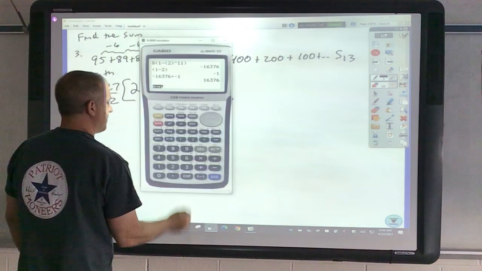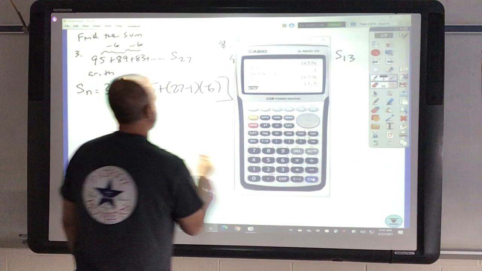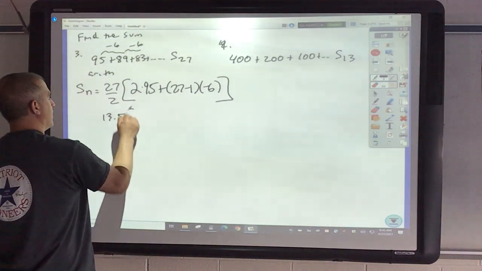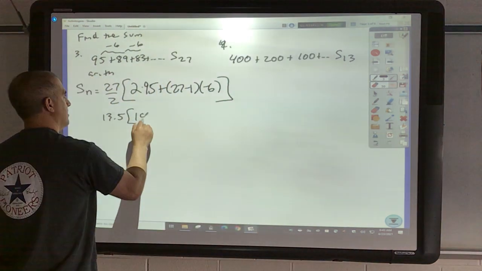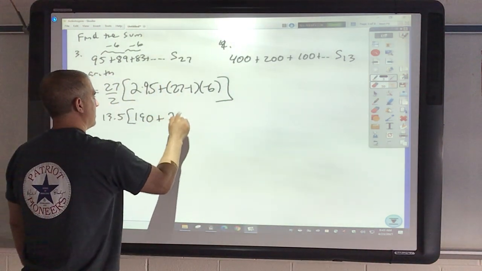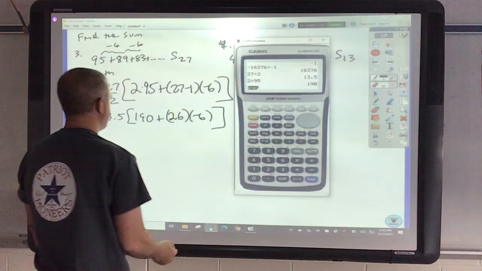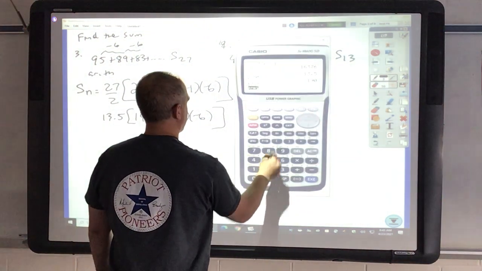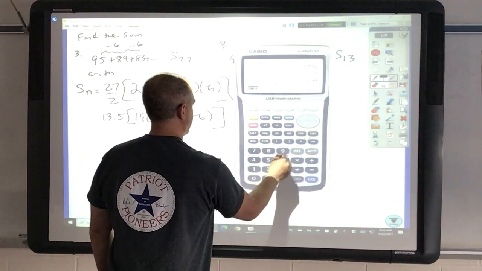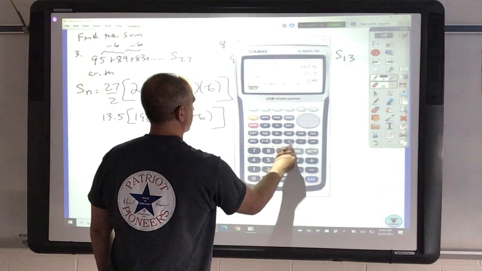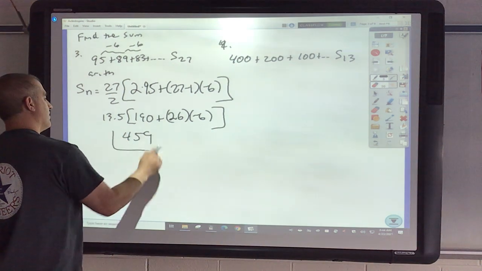I might do a little bit of arithmetic here. 27 divided by 2 is 13.5. 2 times 95 is 190 plus 26 times negative 6. So 13.5 parentheses 190 plus 26 times negative 6, double close. That's 459 for the sum.